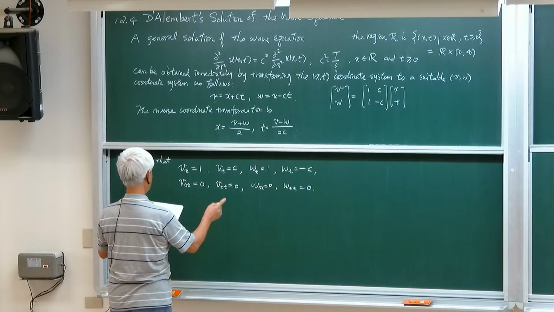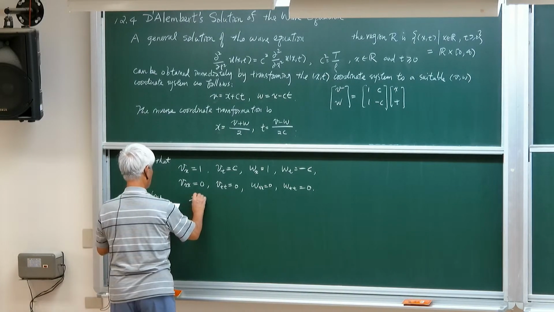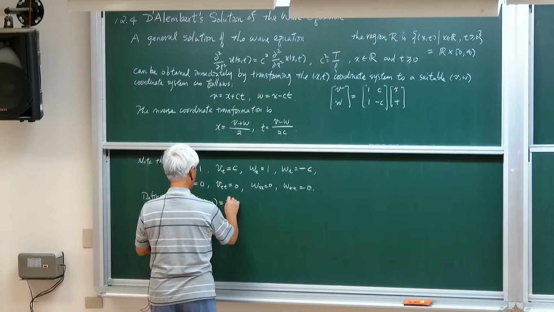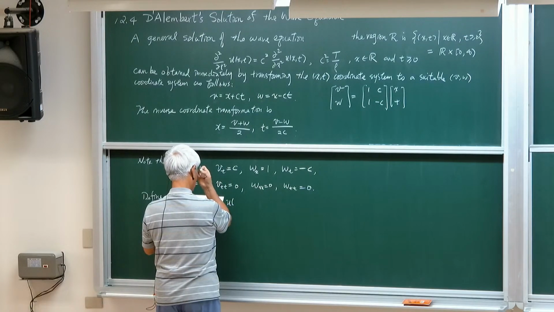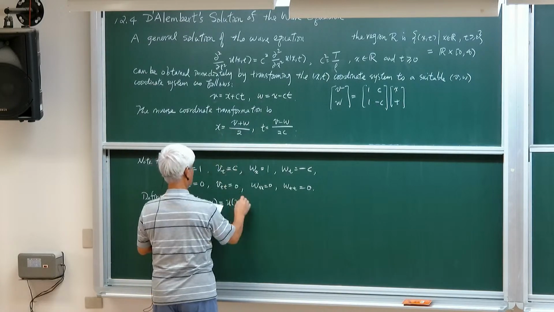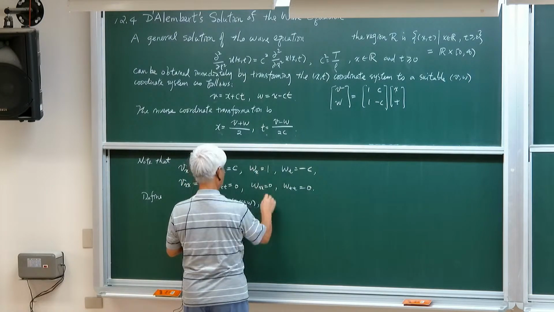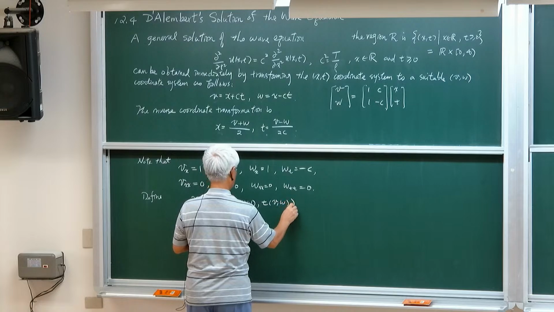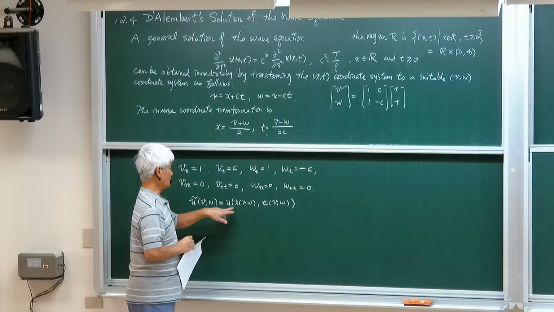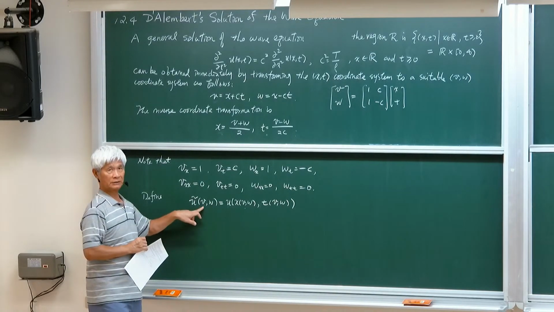All right, now we define u tilde of v, w by the coordinate transformation, so that x is a function of the new coordinates, and t is also a function of the new coordinates. After the coordinate transformation, the u function becomes u tilde as a function of the new coordinates v and w.